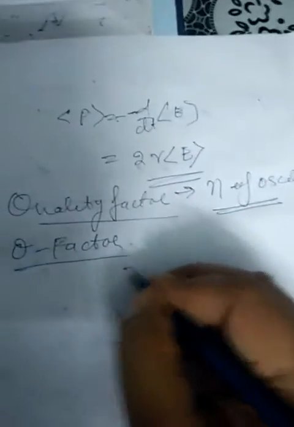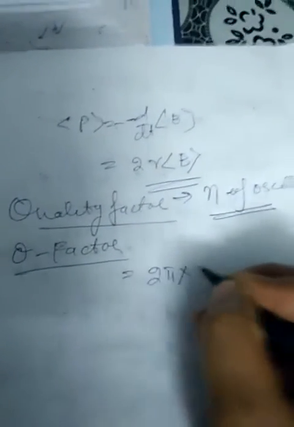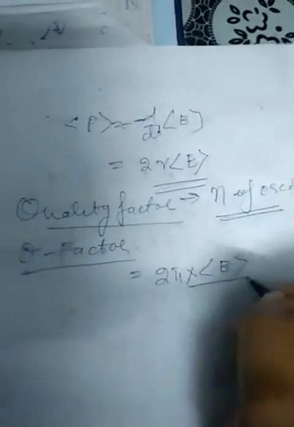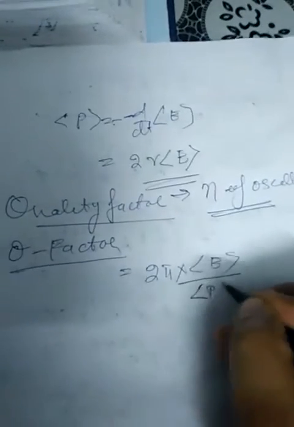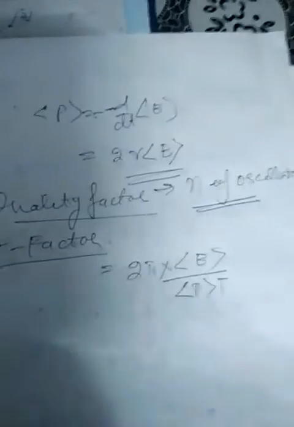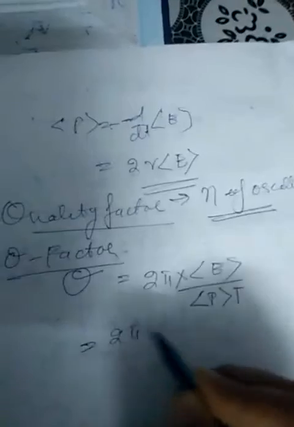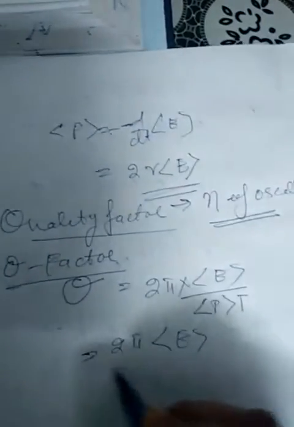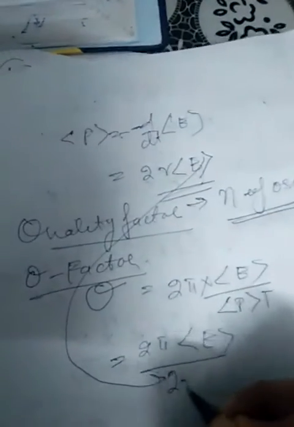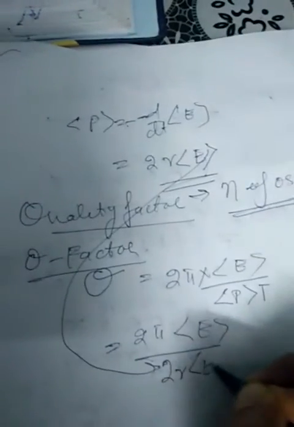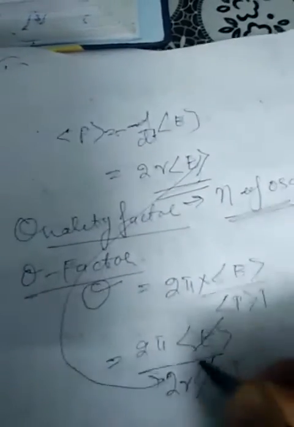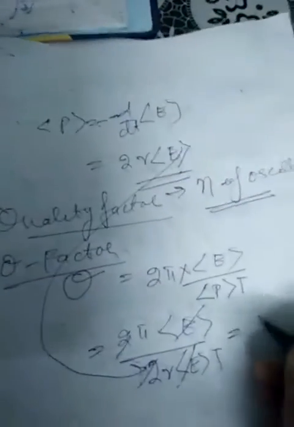It is defined as 2 pi times the ratio of energy stored to the average power loss per cycle. So this is the formula for the quality factor, the Q factor. So 2 pi, this is E, power we can get from here. So that is equal to 2 gamma E into T. So E gets cancelled, 2 gets cancelled, so it will be pi upon gamma into T. So that's the value.